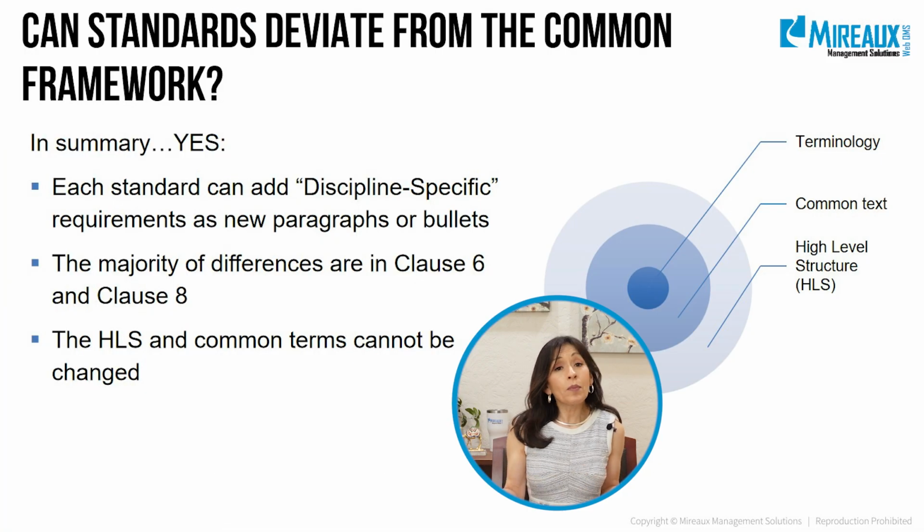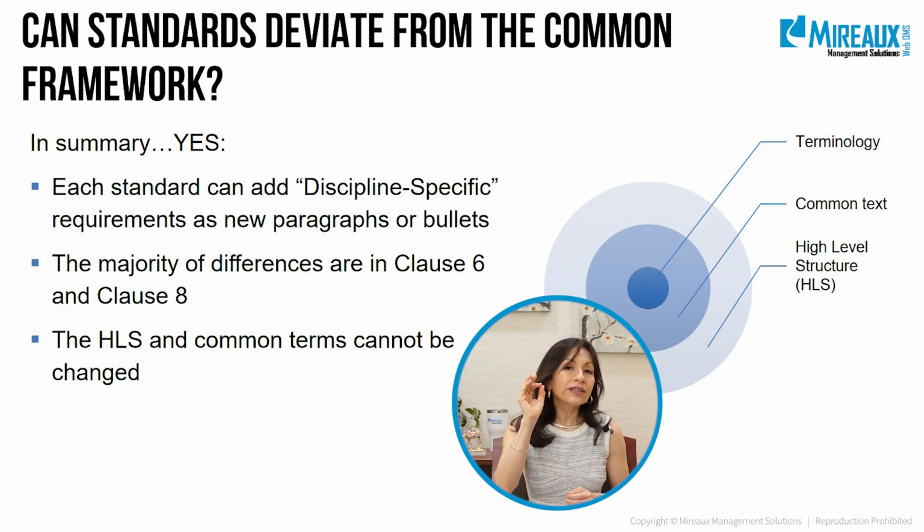So what does this common framework not cover? While Annex SL standardizes the high-level structure and core text, it does not define discipline-specific requirements. For example, it doesn't detail the specific technical requirements for environmental management that are in ISO 14001, or for information security controls that are in ISO 27001.